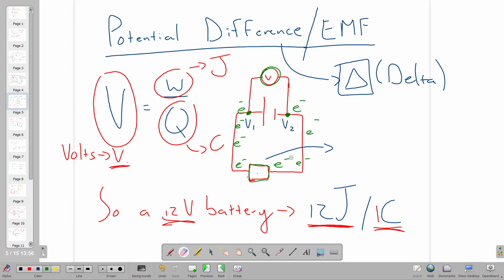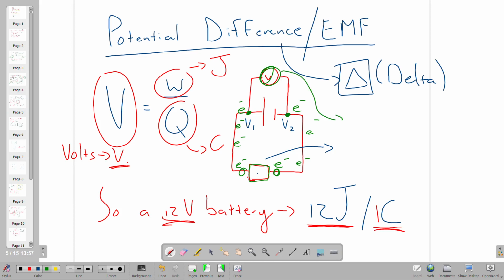Now if I take a look at this electron right before my resistor and after my resistor, this electron had to give off energy to pass through a resistor, because resistors make it tough for electrons to flow through. So the energy of the electrons before and after is different, and my potential difference between the two is measured by my voltmeter, and that's where that comes from and why it has to be in parallel.